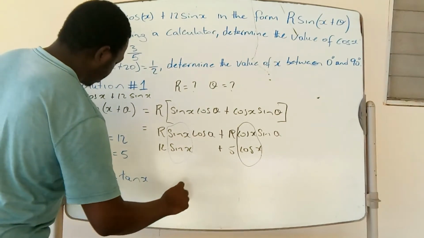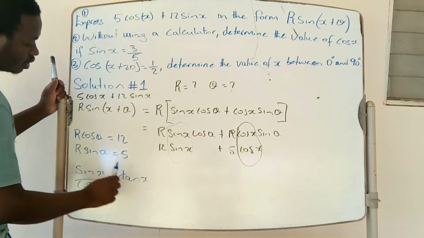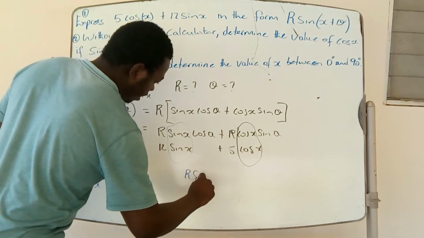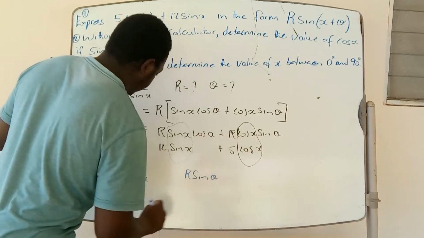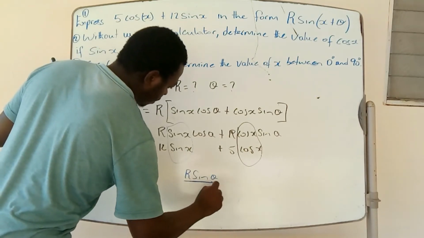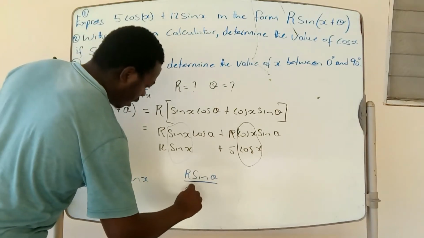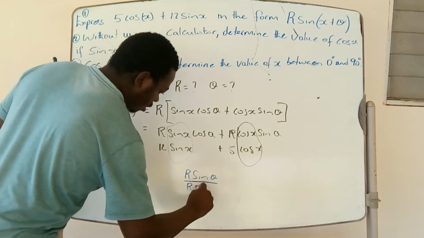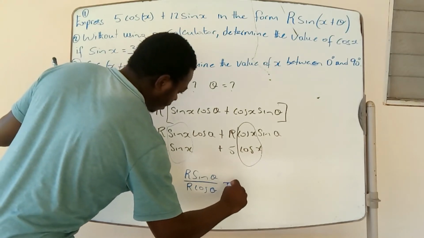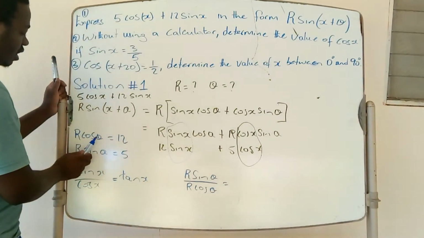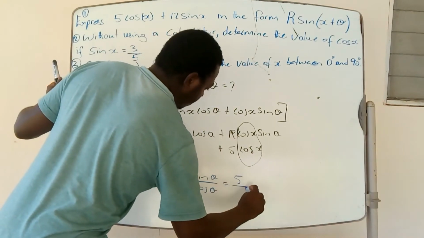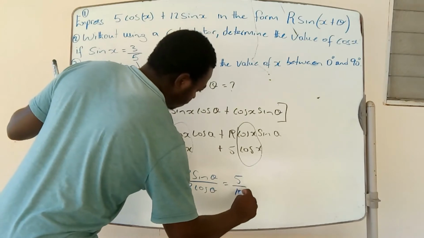I'm going to take the second one here and say r sine theta divided by r cos theta. Then this is equal to what? Sine theta is equal to 5, so this is equal to 5 divided by 12.